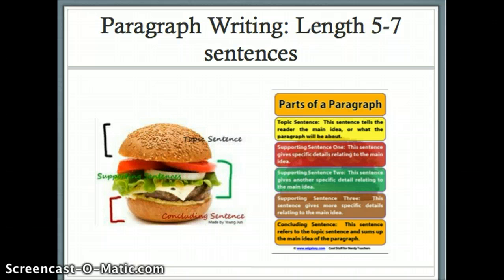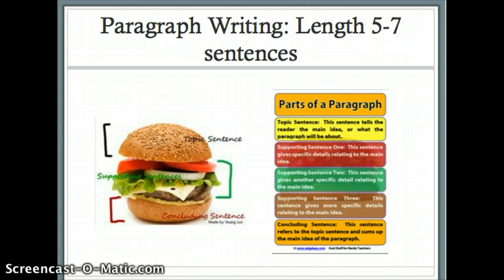So the bun of the hamburger, this is your topic sentence and your concluding sentence, and these are really what supports your paragraph. Your topic sentence is telling the reader the main idea of what this paragraph will be about. So it's a sentence that summarizes or introduces the main idea.